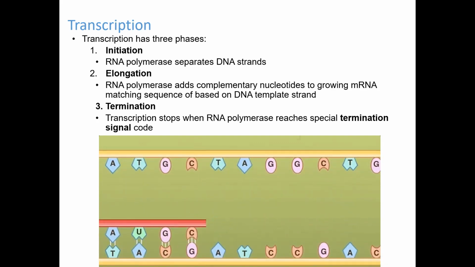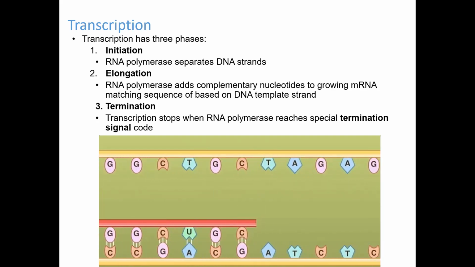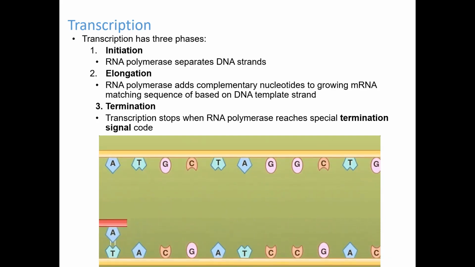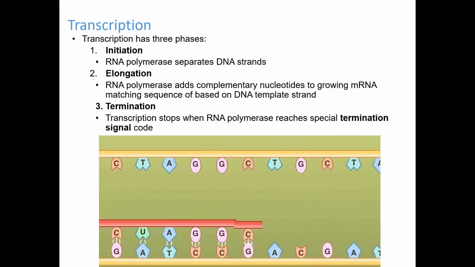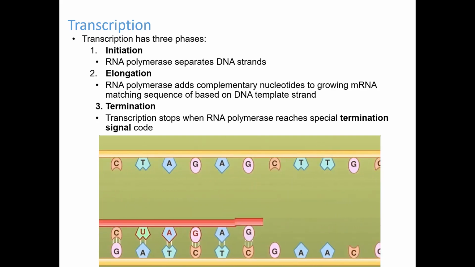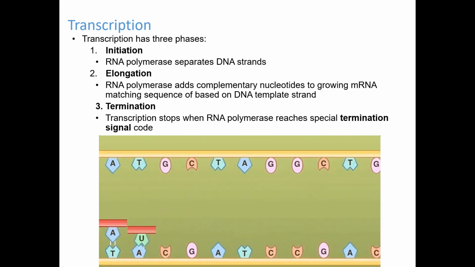So we open up our strand. That's the initiation. We open up our strand, exposing the gene. The RNA polymerase starts at the promoter and starts assembling the information, making a complementary copy of the gene, putting complementary bases in order.